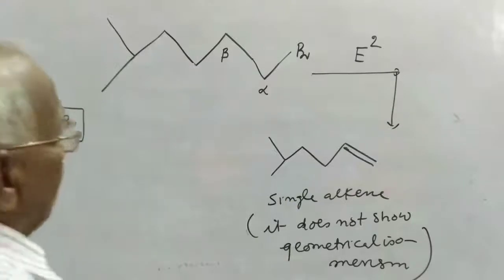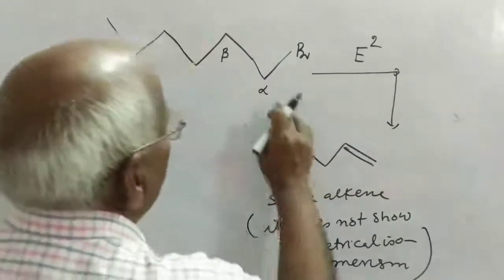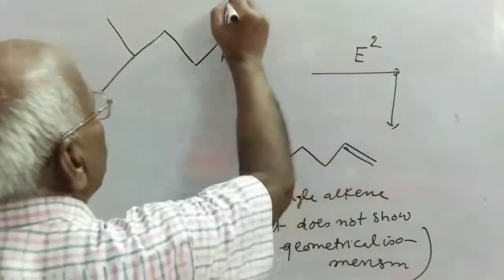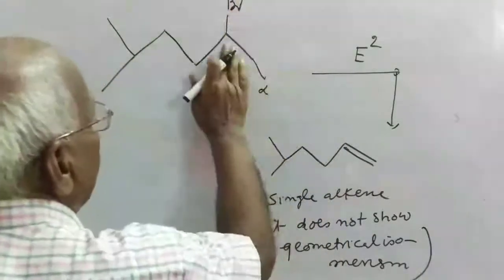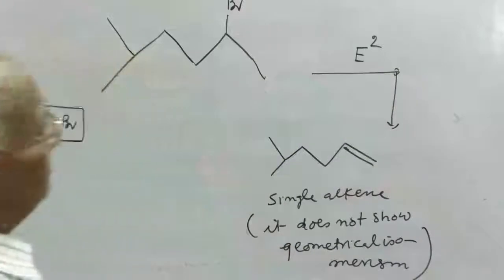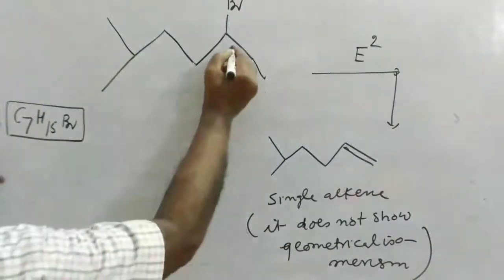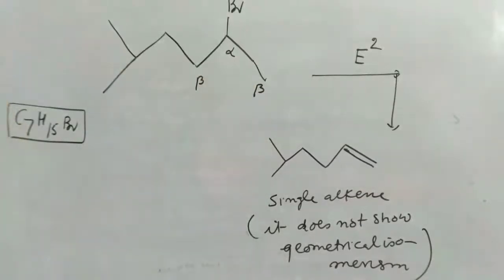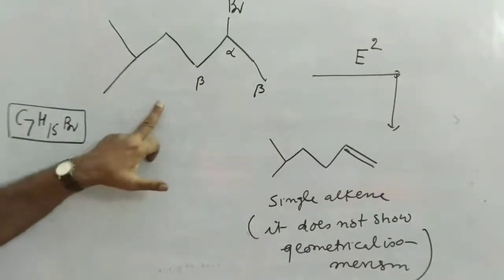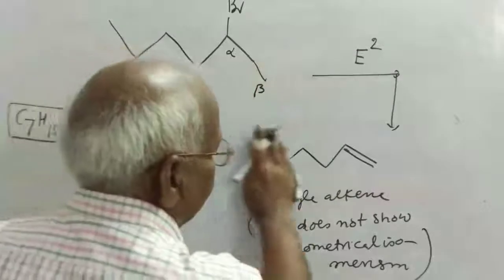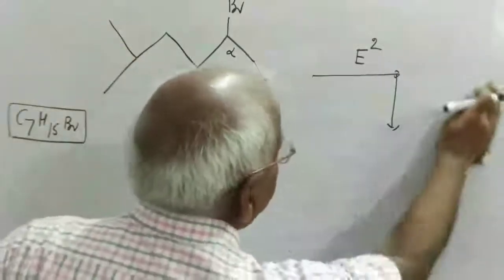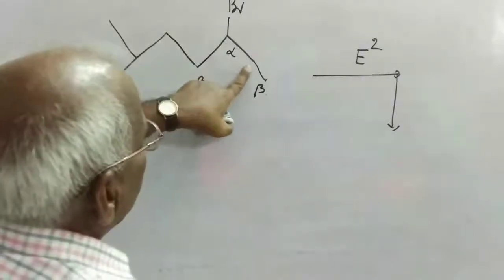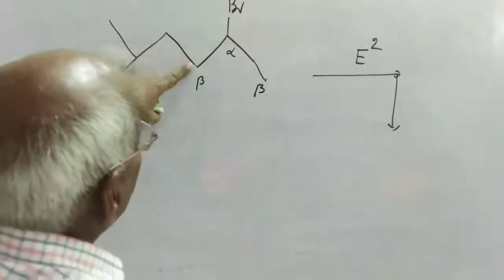Now, second time what will happen? If you shift this bromine atom from this position to this position, this is another example. Now this is the alpha position, this is the beta position, this is the beta position. And this compound is put for E2 elimination reaction. What will happen? One double bond will come here in between alpha and beta, another will come here.